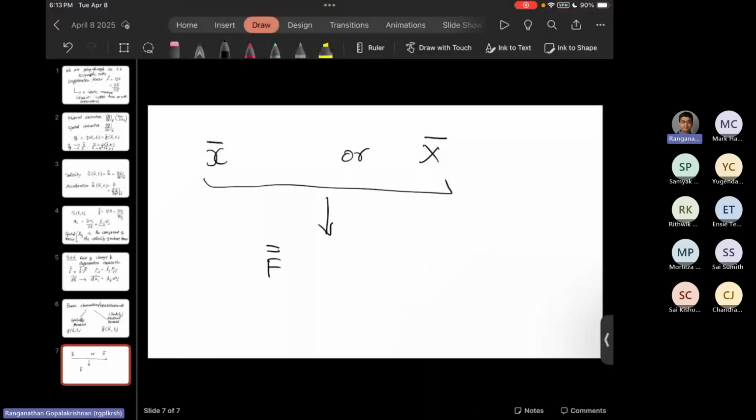So the spatial as well as the material coordinates that we calculate lead us to the deformation tensor. You know that. And the deformation tensor depends on both coordinates because it's a mixed tensor. And then you can calculate F dot, the rate of deformation.